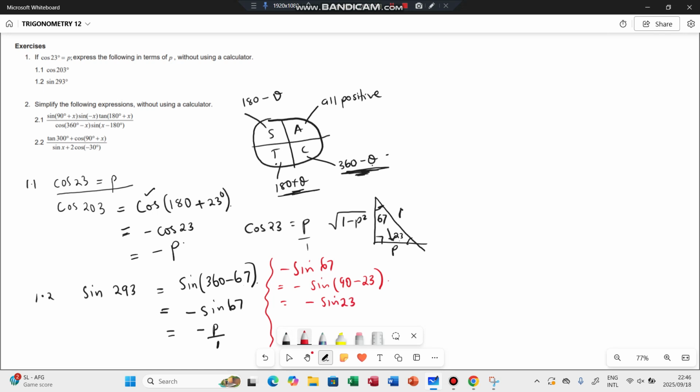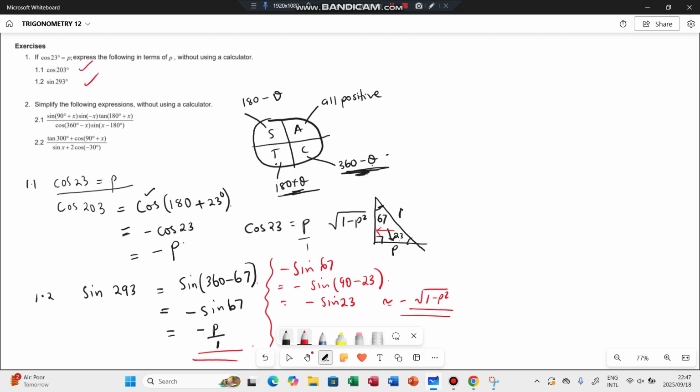Meaning the opposite side will be negative square root of 1 minus p squared over 1. So these two formulas will always take us to the final answer. Yes, that's how we deal with question 1.